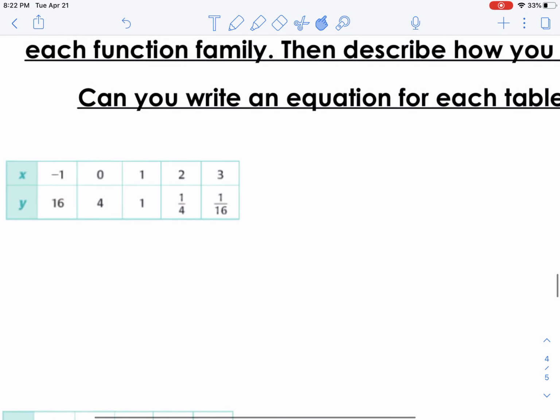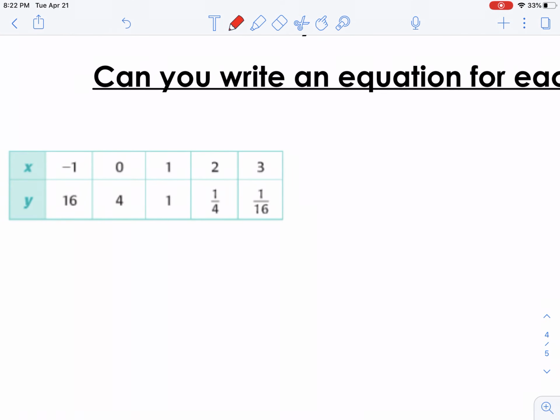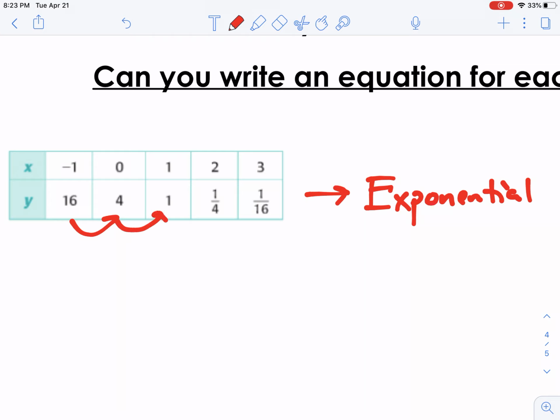And then in exponentials, there are no differences. There is a common ratio. So to go from 16 to 4, you're dividing by 4, right? And then to go from 4 to 1, you're dividing by 4 again. So if you're dividing by the same number, as opposed to linear or quadratic where you're adding or subtracting the same number, exponentials multiply or divide by the same number.